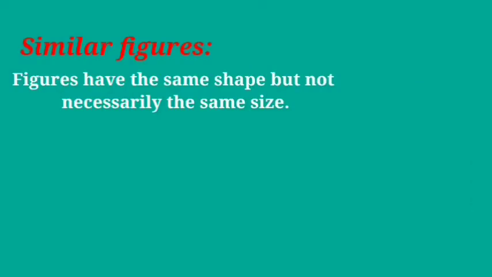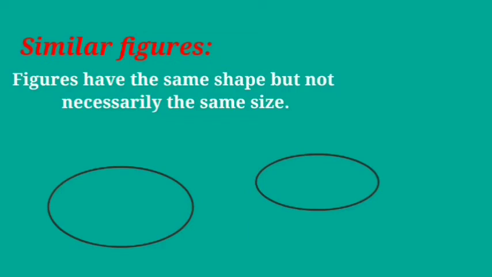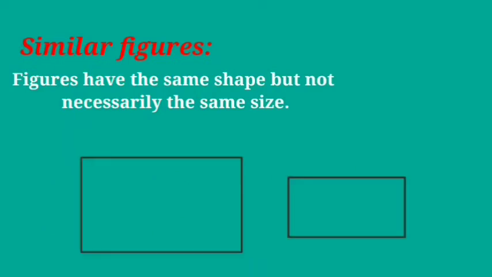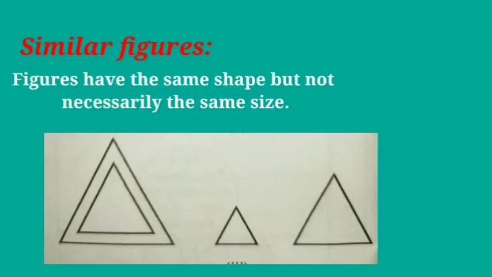In 10th class, you will get similar figures or similarity of triangles. Similar figures means figures have the same shape but not necessarily the same size. You can say it looks like that but not exactly. So that's why you can say those figures are similar figures.